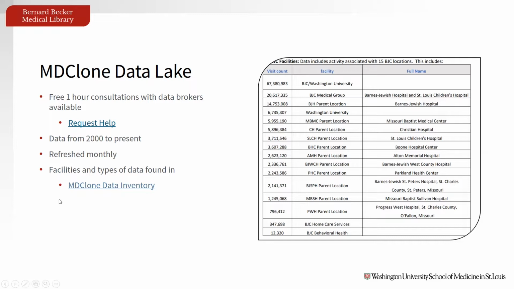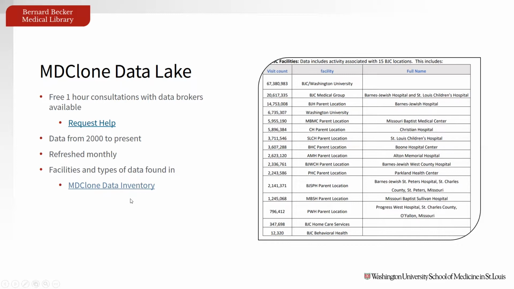So just to give you some more information about this data lake, it's data from 2000 to present. It's refreshed monthly, and on the mdclone webpage from the Institute for Informatics, there's this mdclone data inventory. It has facilities and types of data found, and so I just did a screen grab of one of the tables there where it shows the different facilities and how many visit counts there are from each of these facilities.